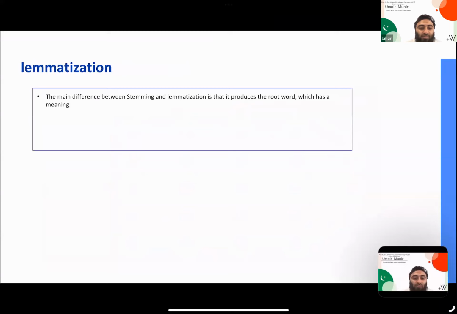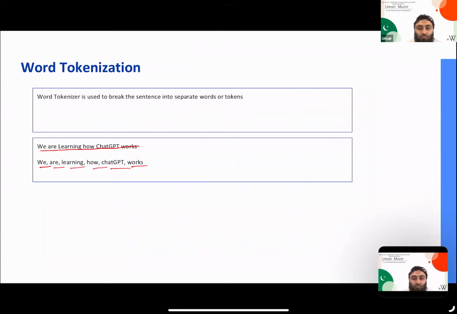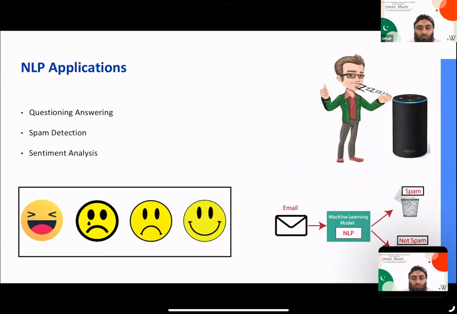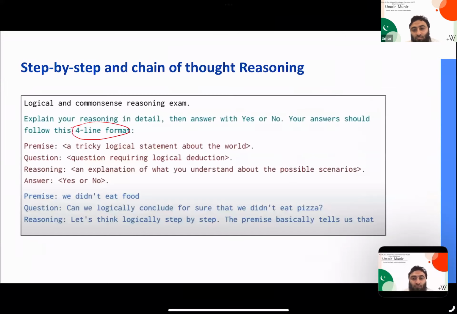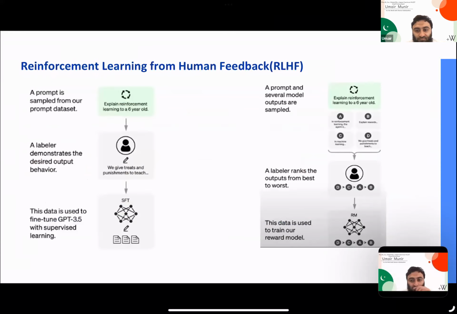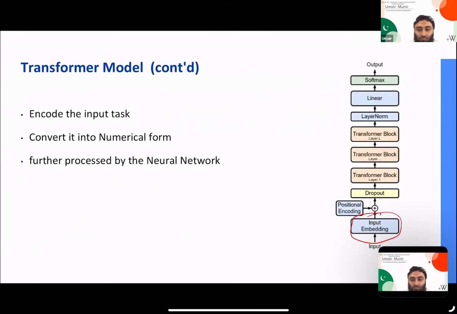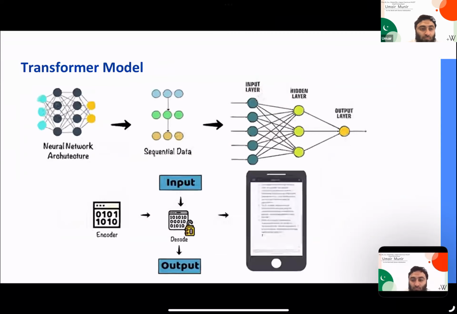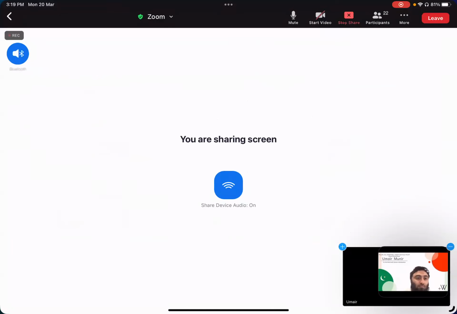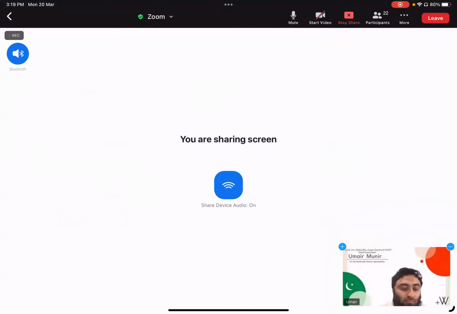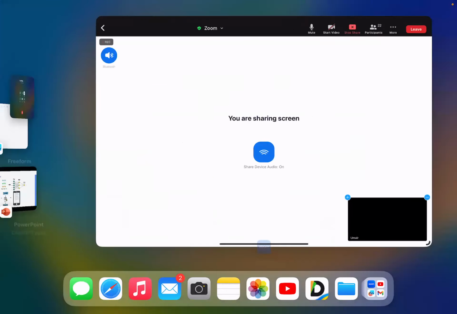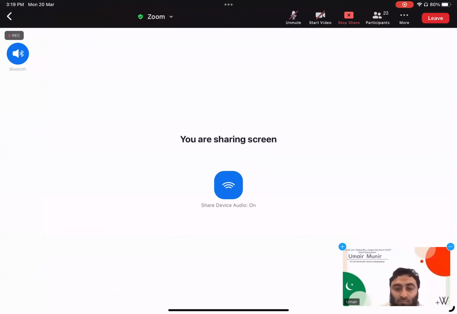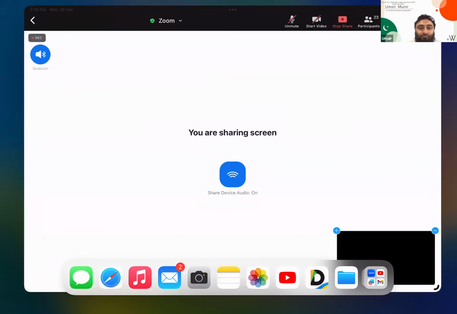A semantic slide. Can you please tell me the title of that slide? Because there is no specific thing like semantic.